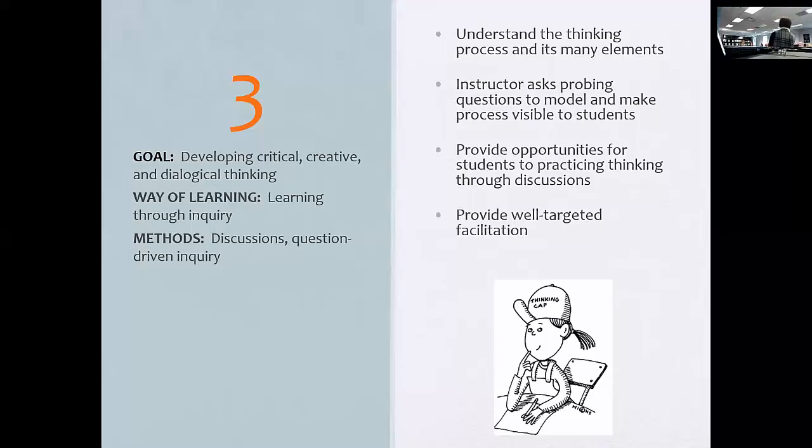Learning through inquiry involves the instructor asking probing questions to model and make the thinking process visible. When I read that phrase, make the thinking process visible, just take a second. That's a really hard thing to do. Based on the fundamentals of learning through inquiry, it's our questions that make that process visible to the students.